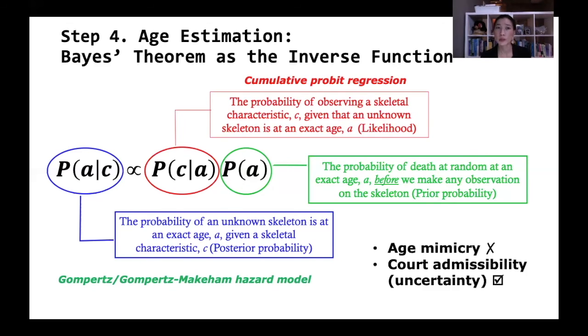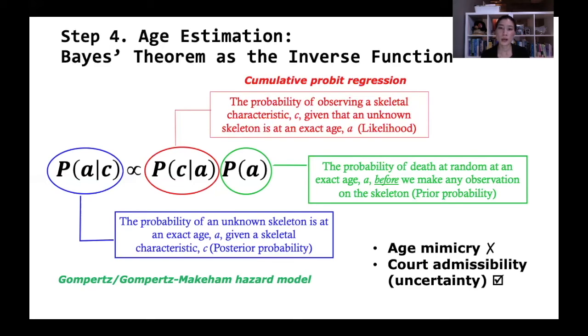The reason why we want to use Bayesian inference in exchange for other statistical approaches is that the outcome of Bayesian inference is probabilistic in nature and formally quantifies any uncertainty in final age estimates. In other words, because of the quantification of uncertainty in the estimates, it has better court admissibility.